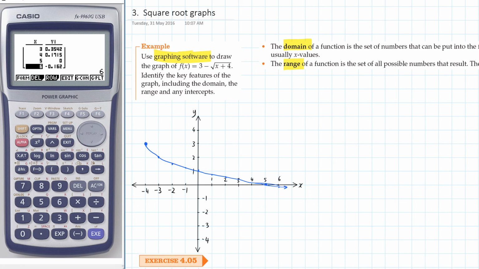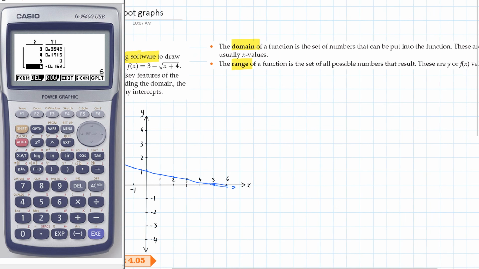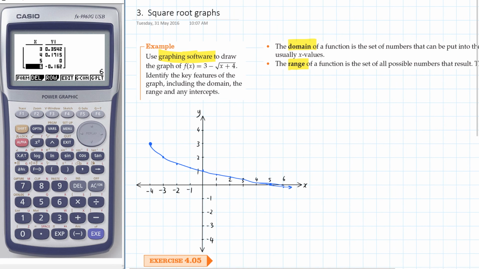Now there's 2 other things that I want to talk about very quickly, and that's domain and range. So domain is the set of values that you can put into the function, so those are x values. So for this function, the domain would be any x value that is larger than or equal to -4, because anything smaller than -4 doesn't give us an answer.